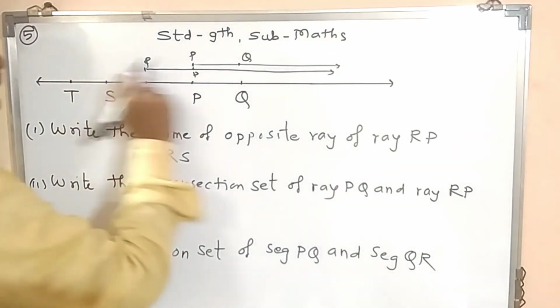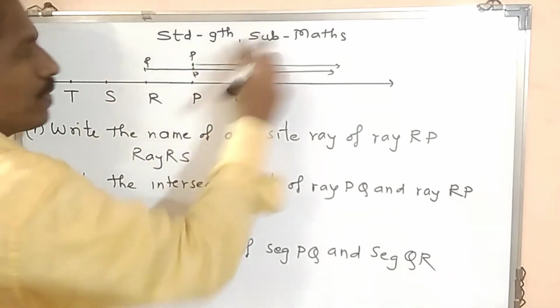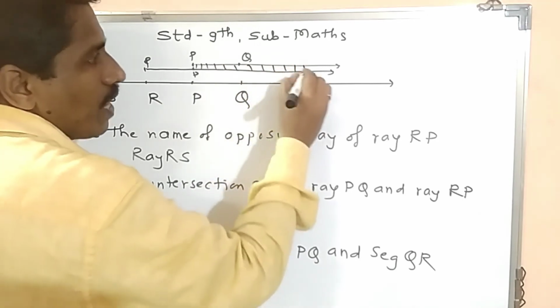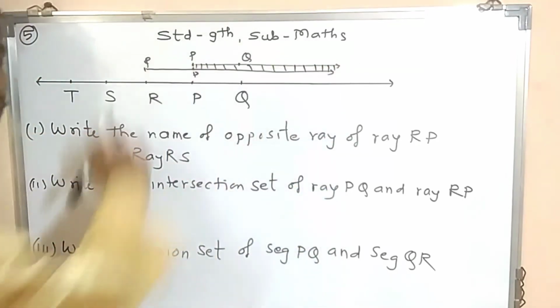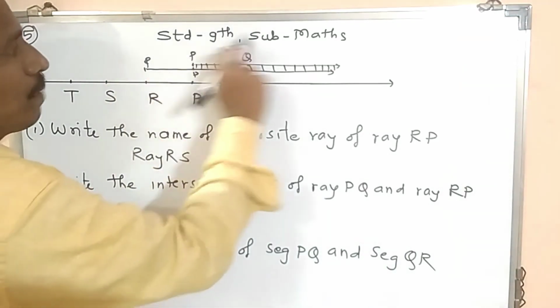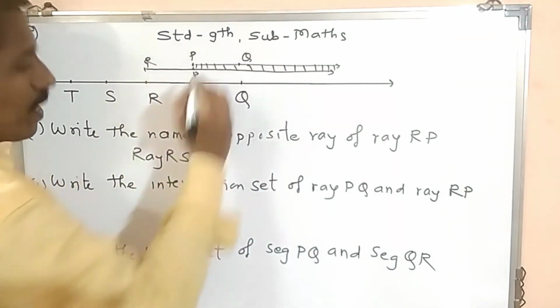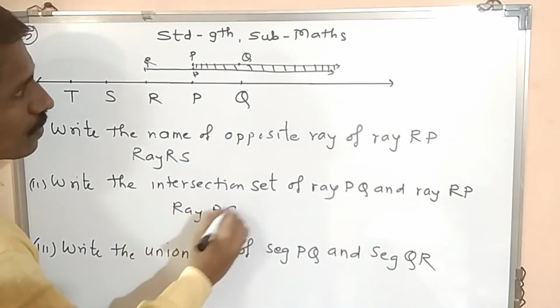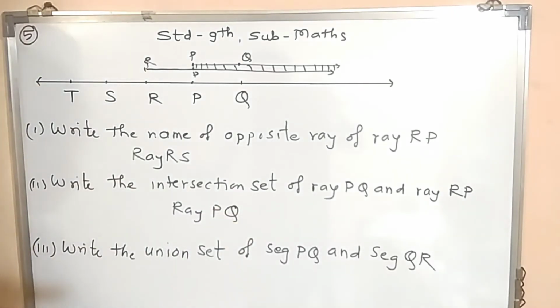In ray RP and ray PQ, all these points are common in both the rays, and therefore the intersection of ray PQ and ray RP is nothing but ray PQ. Understood? Next one.